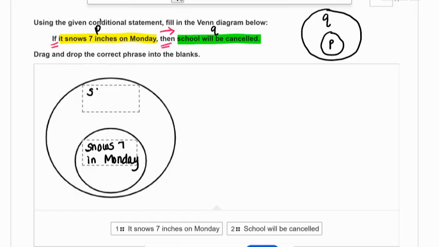School will be canceled goes in the larger circle because that's Q, the conclusion. This Venn diagram over here means if P, then Q.